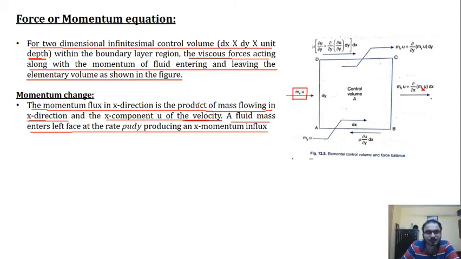Because if you recall, our standard formula for mass flow is equal to rho A v. In our case, for this face, that is face AD, rho is as it is. For area, it is dy into 1.